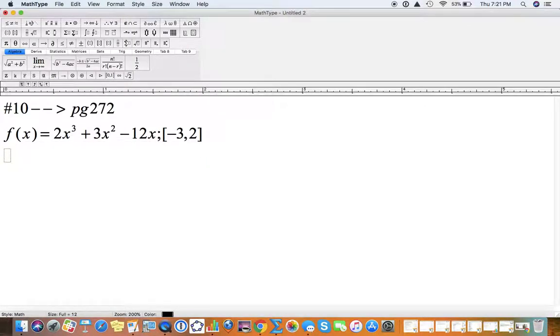So to do that, I'm going to find the first derivative, which is 6x squared plus 6x minus 12. And you notice that there's a common factor of 6 there. And so if I rewrite it this way, it becomes apparent how I can factor it.